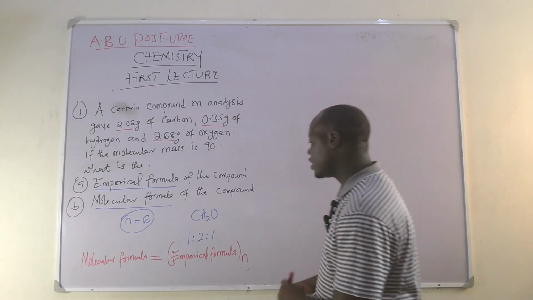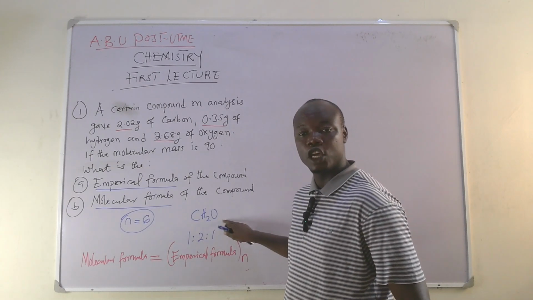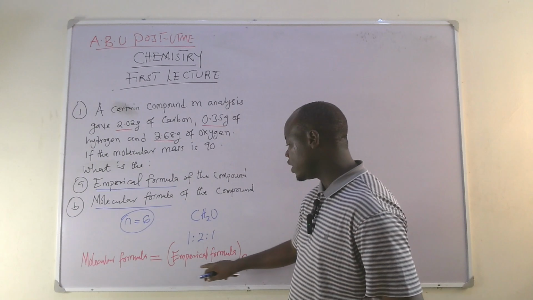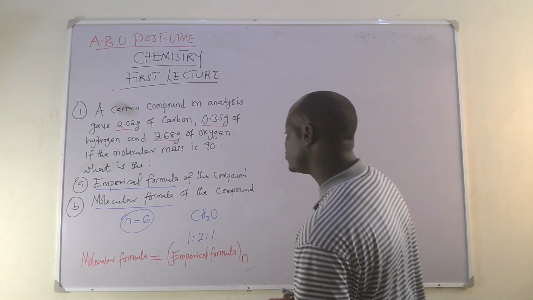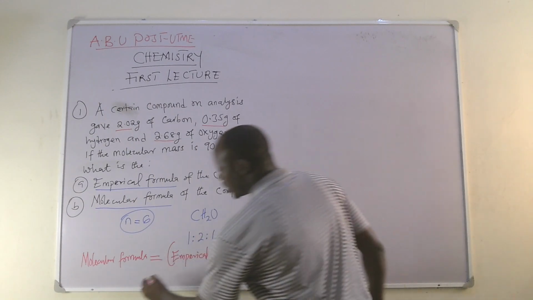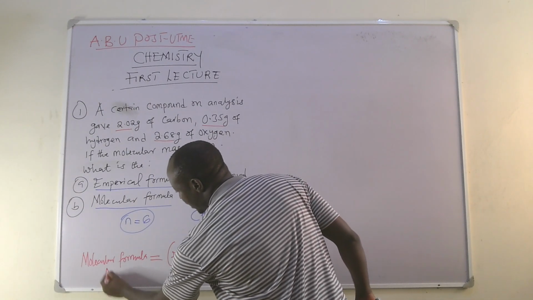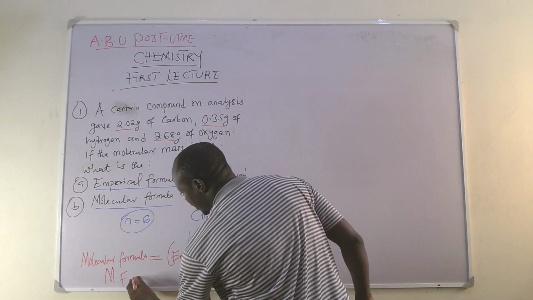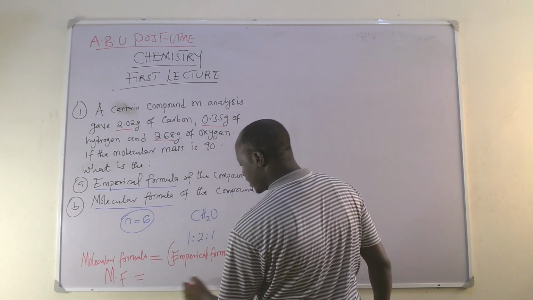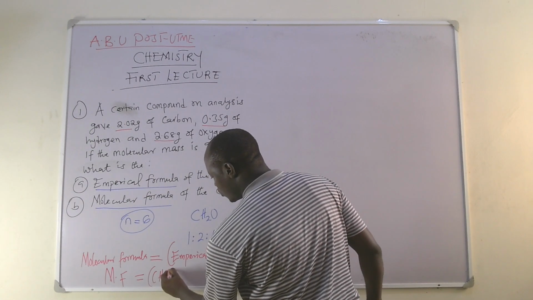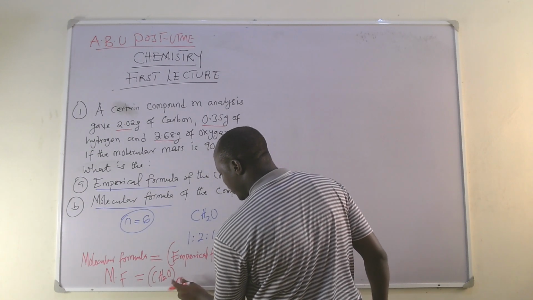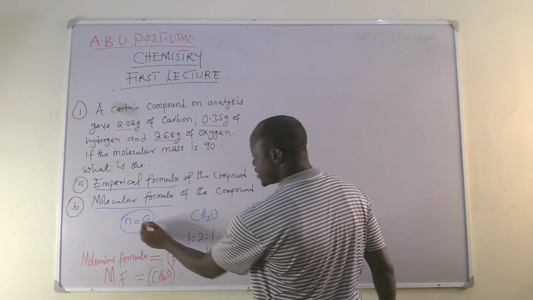Let's see, the empirical formula here is CH2O. To calculate the molecular formula, we can say the molecular formula MF is the empirical formula CH2O, closed in brackets, times n. The n here is 6.